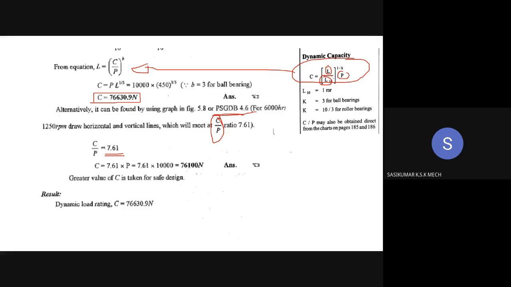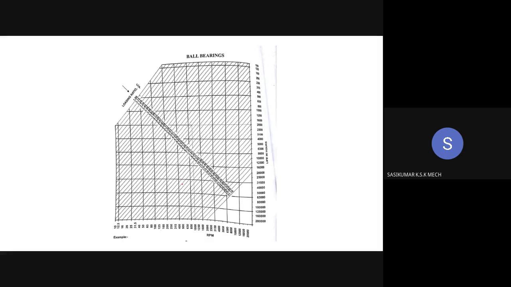So let me once again shift to page 4.6. You need to find the C by P value here.